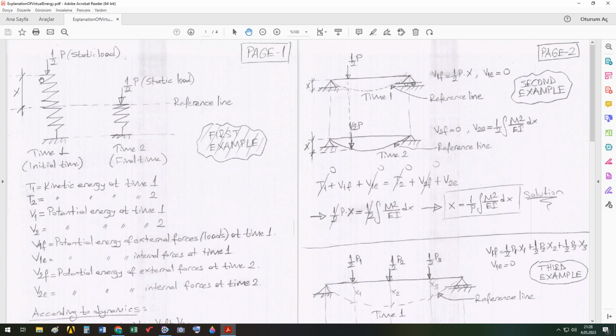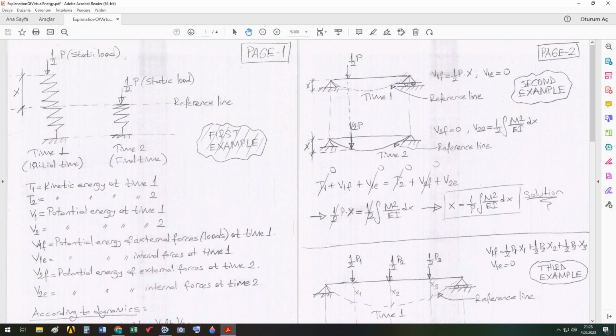Now, we see here our structure consists of one spring, and it's located vertically. Its self-weight is neglected, and here it's fixed. This is the symbol of a fixed support.